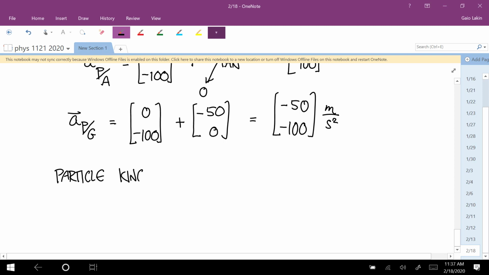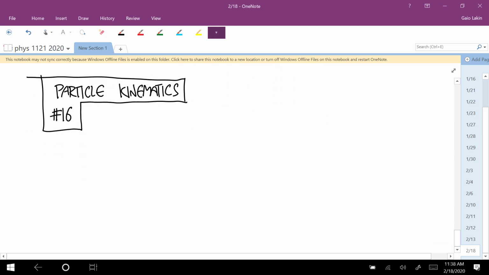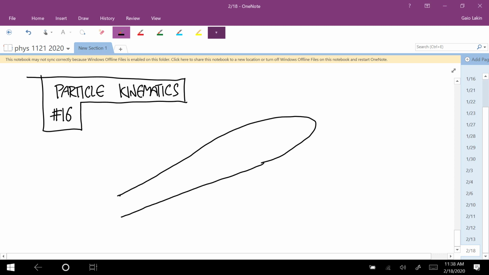So particle kinematics, number 16. You have a passenger on an airplane. The airplane has an acceleration. Okay, so here's the airplane.